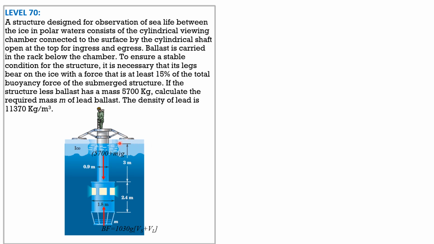Then we have the reaction here, which is at least 15% of the total buoyant force of the submerged part, 0.15 of the buoyant force. So for the solution and equation, buoyant force plus 0.15 of buoyant force equals (5,700 plus m) times g. So 1.15 buoyant force equals the quantity 5,700 plus m times g.